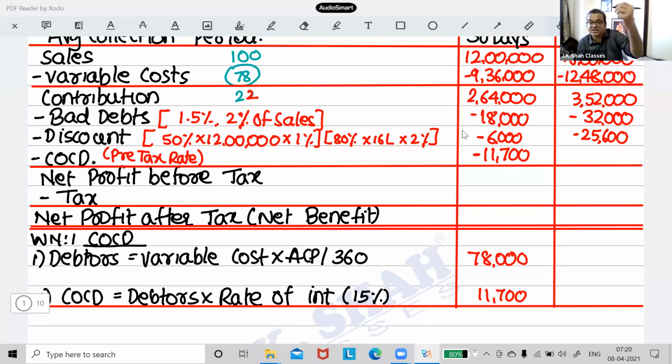Came to 69,333. Whatever has come into 15%, 10,399.99, so make it 10,400 now. Okay. So 264 minus 18 minus 6 minus 11,700.